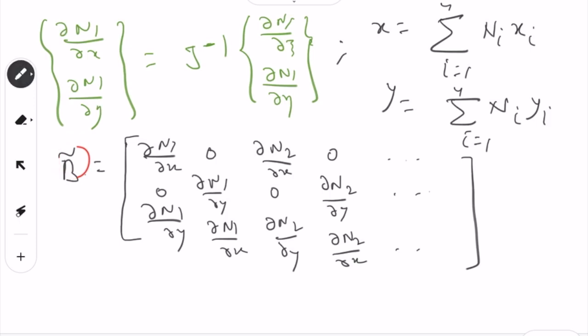Once we have that, we will just use ke, which will be equal to the integral of B transpose D B d omega.